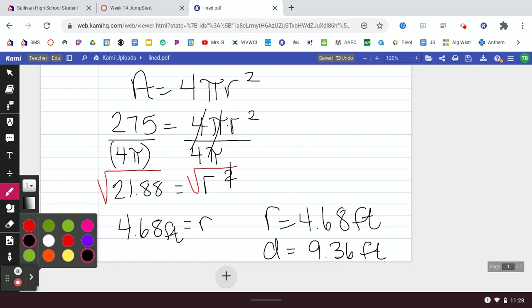You solve for radius, and then once you have radius, if the question asks for radius, good. If the question asks for diameter, double it, because the diameter is double the size of the radius. And if you start out with diameter, that's when you would divide by 2, because you're going from the big diameter to smaller, so divide it. If you're going from the little radius to the big diameter, you multiply it.